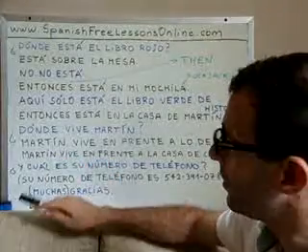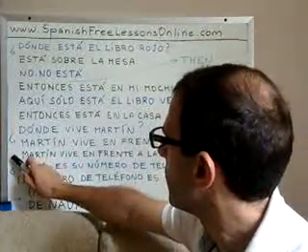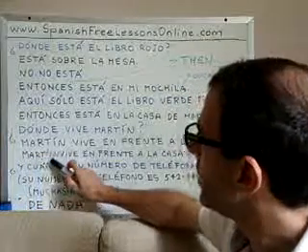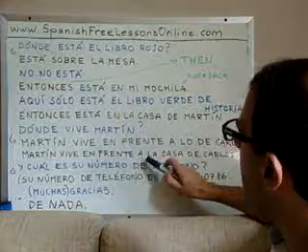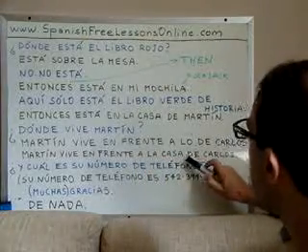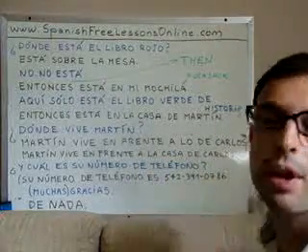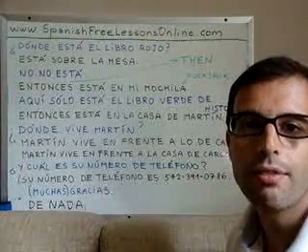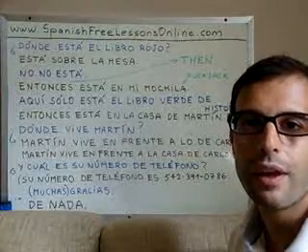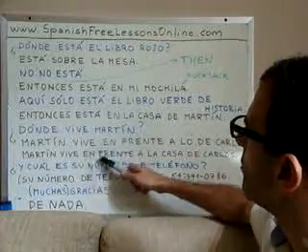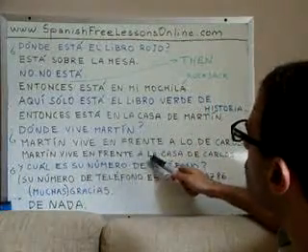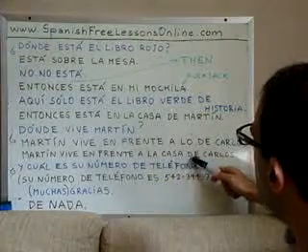The other way of saying it would be this one here. Martín vive en frente a la casa de Carlos. This is Martín lives in front to the house of Carlos.